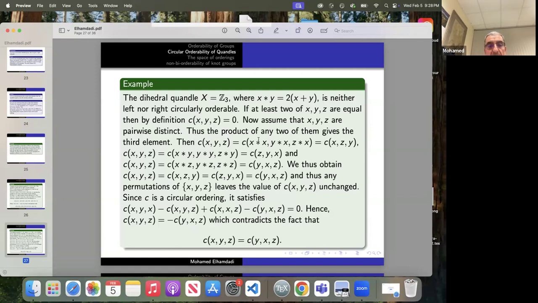Then, as in the previous case, you can come up with a contradiction, because you can prove that C of (x, y, z) is equal to C of (z, y, x). Again, x, y, z go in one direction, say clockwise, and z, y, x goes counterclockwise. They cannot be equal because the definition of circular ordering on sets requires that C of (x, y, z) should be minus C of (z, y, x).